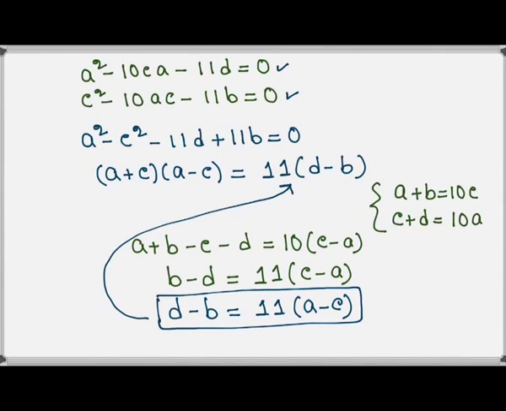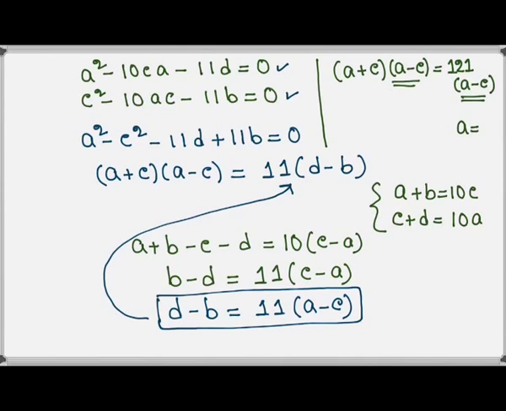here and therefore we obtain a plus c into a minus c is equal to 121 into a minus c. Now we can cancel a minus c from both sides because a, b, c and d are all 4 distinct numbers.